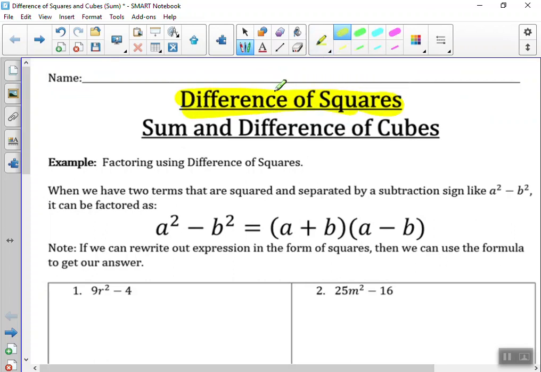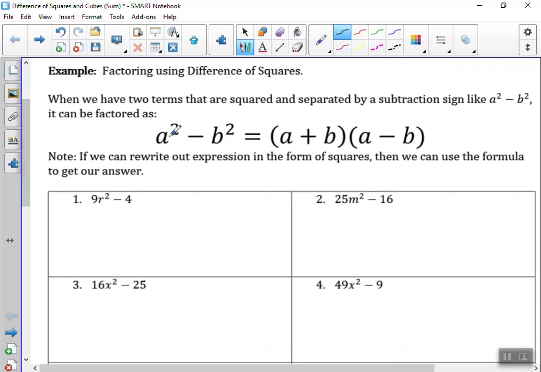What does it mean for difference in math? What is it when I say difference? Yeah, the negative or minus, exactly. So right here, this is the difference of squares. So we have the difference sign right here, the minus sign, and then notice that it's a squared minus b squared, okay?